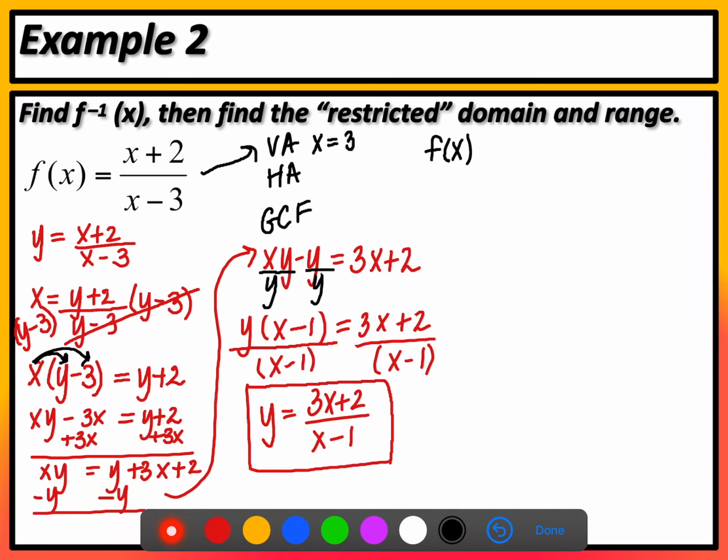And then my range, okay, I know uses the horizontal asymptotes. And since the degree on the top and the bottom is equal, I'm looking at leading coefficient of 1 over 1. Okay, so my domain is going to exclude 3. And my range is going to exclude 1.